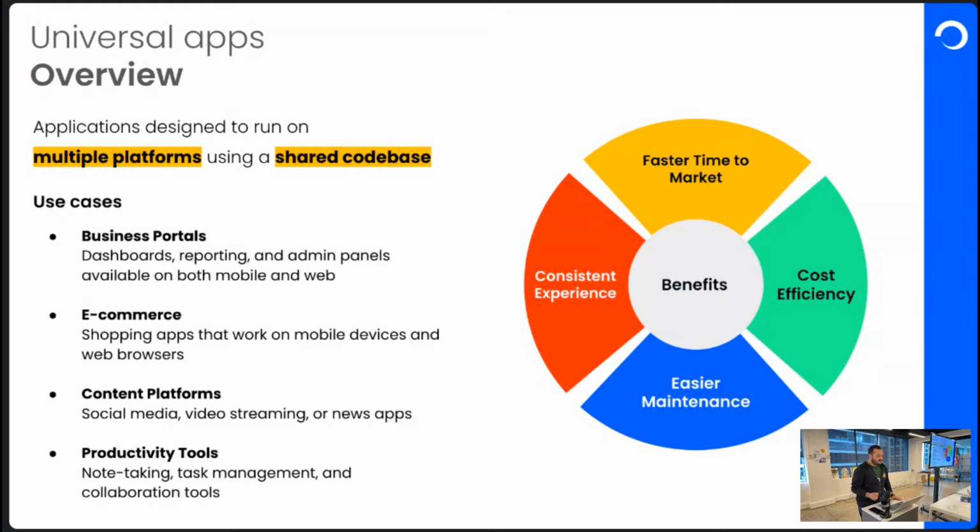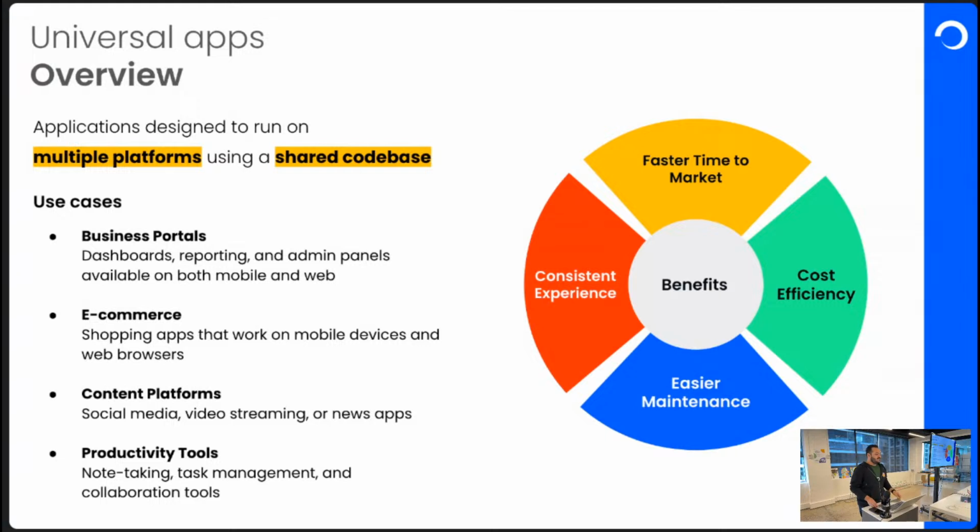Why is this architectural pattern so popular? First of all, you just have one code base to manage. So technically, it takes less time to build those applications across platforms. It's faster time to market. It's cost effective, and in the long run, you don't have to maintain three separate source codes. So it's pretty straightforward.